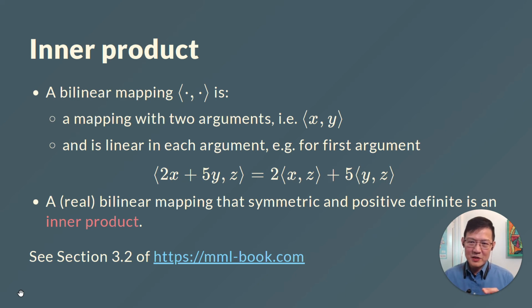When you say it's bilinear, it means that it's linear in each of the arguments by themselves, which means you can pull out scalars and you can add things together, like for the first argument, as shown here. If you have a bilinear mapping where you can flip the order of x and y, it's called symmetric, and if it's positive definite, then it is an inner product.